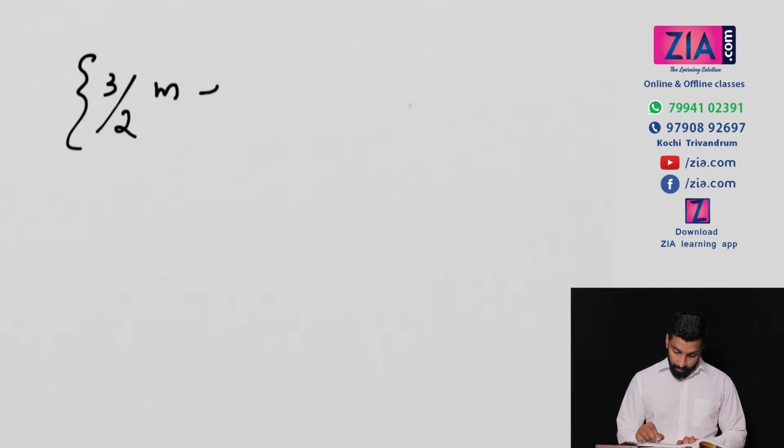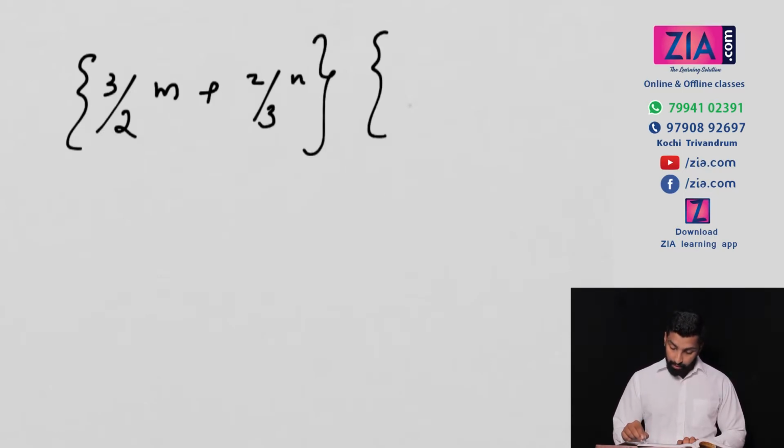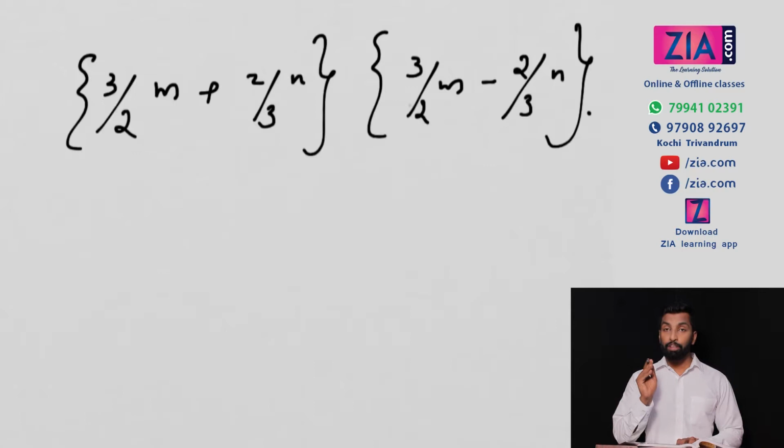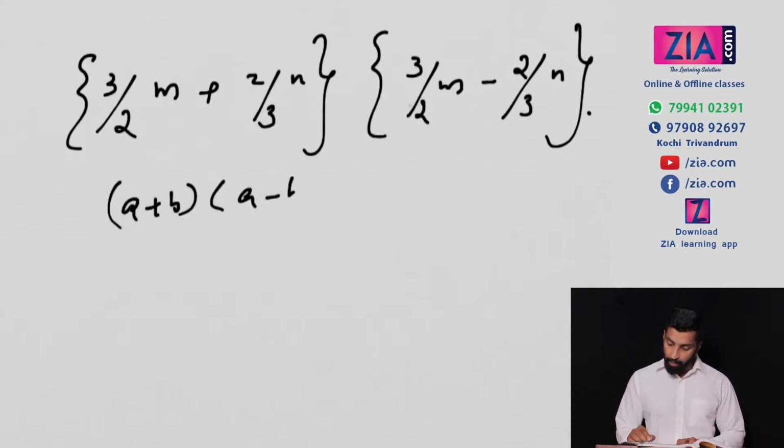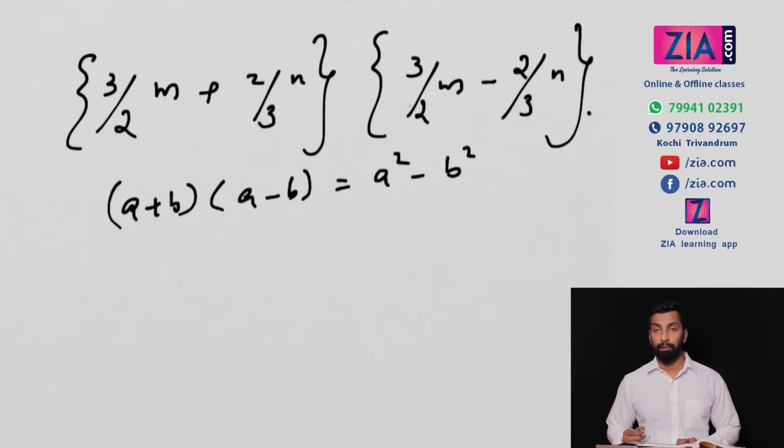Next question, again by using identity you need to find 3 by 2m plus 2 by 3n into 3 by 2m minus 2 by 3n. So this is of the form a plus b into a minus b, which is equal to a square minus b square.